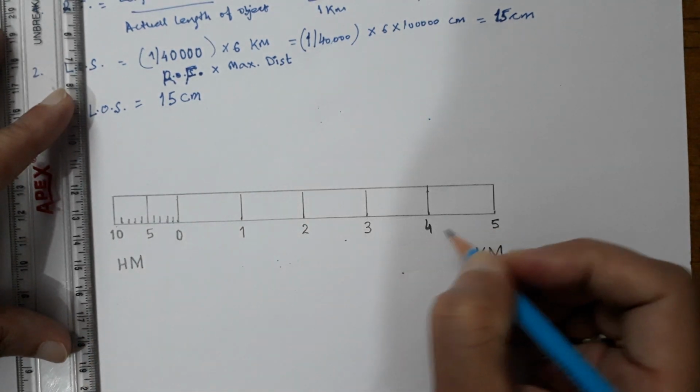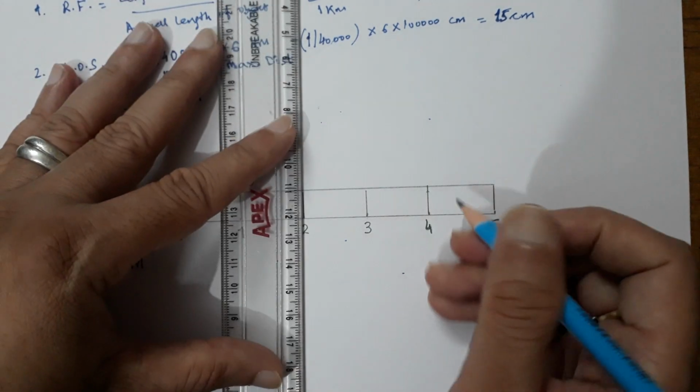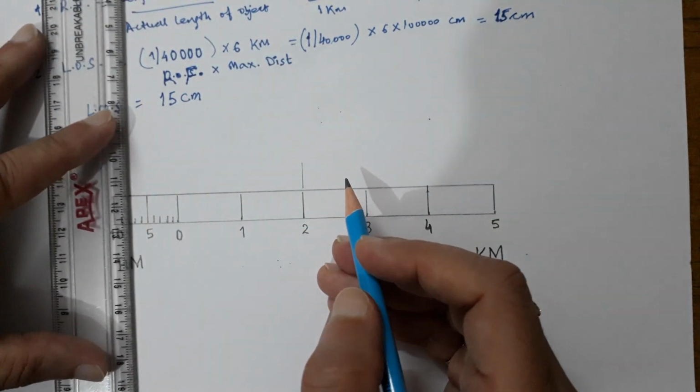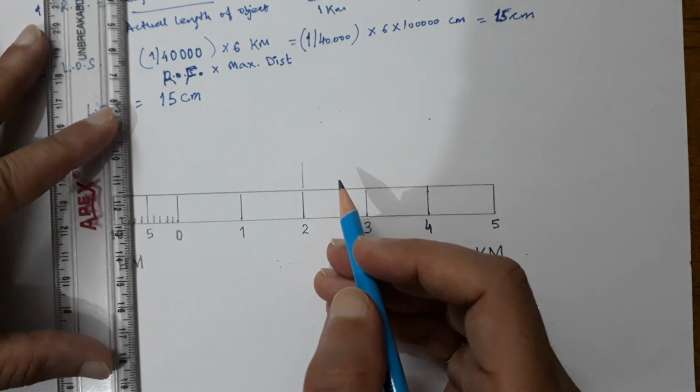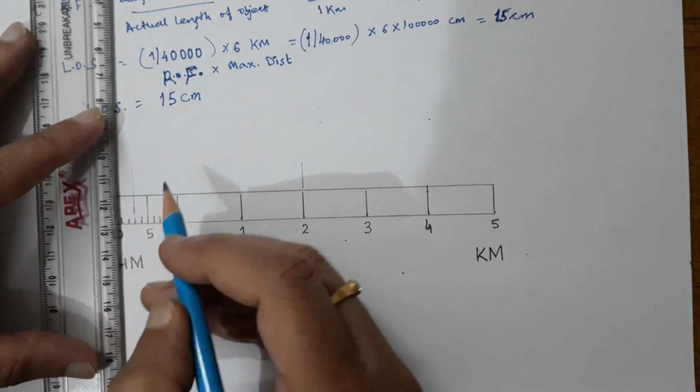Now you want to measure 2.7 and 3.9. So this is 2, just draw an extension line, and 2.7, this is 7. You can draw another extension line.